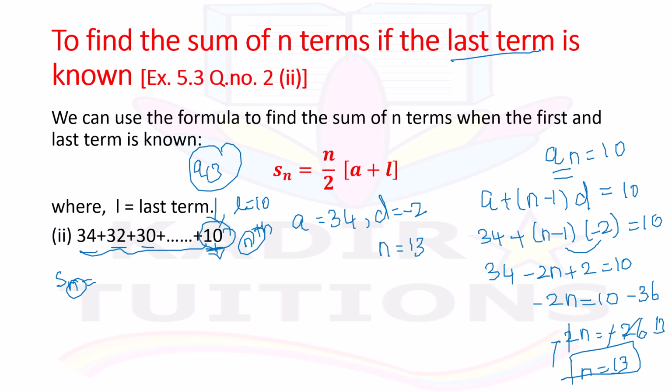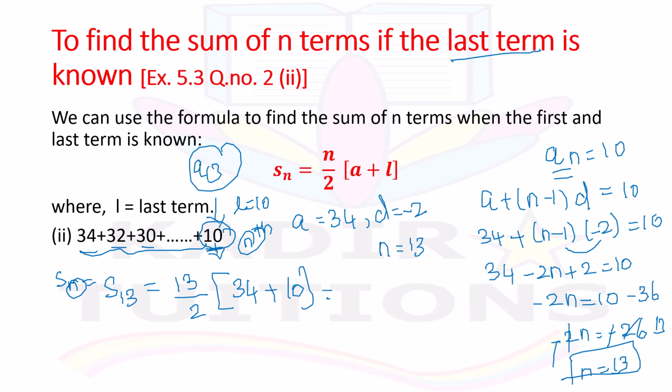It is now easier to find the summation of this nth term. Now what is this? Summation till the 13th term. So 13 by 2 into the a value, 34, plus the L value, 10. You can use the previous formula also, but this formula will make the calculation a little easier.